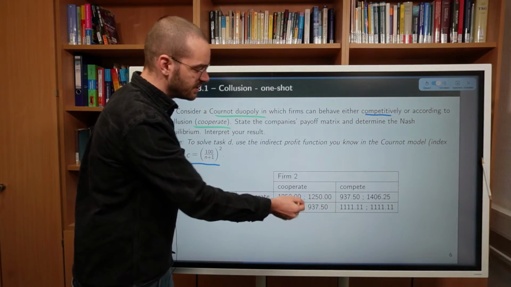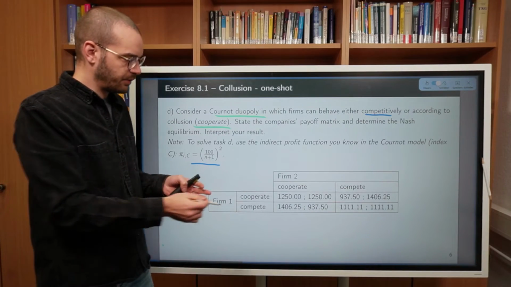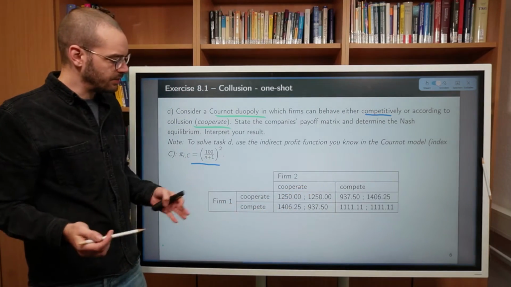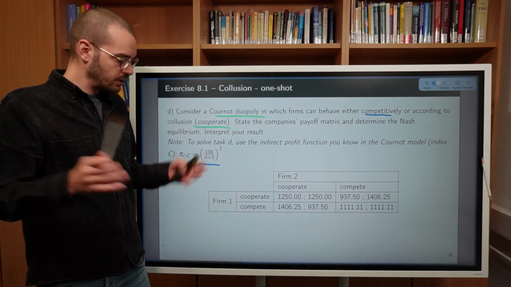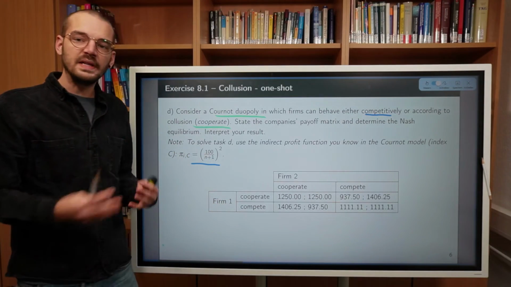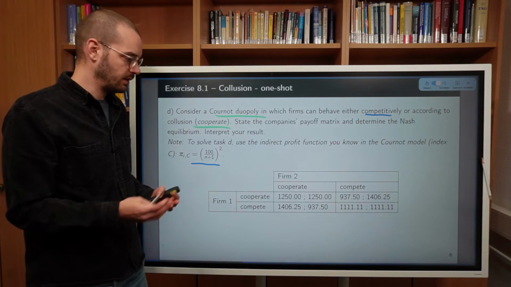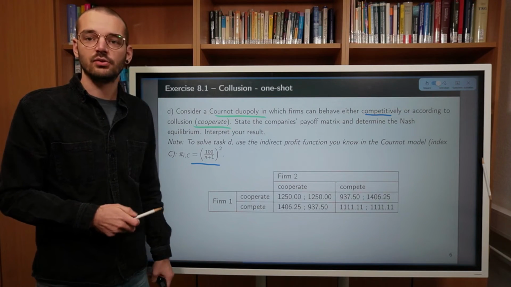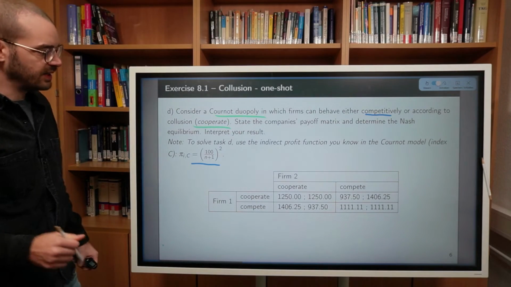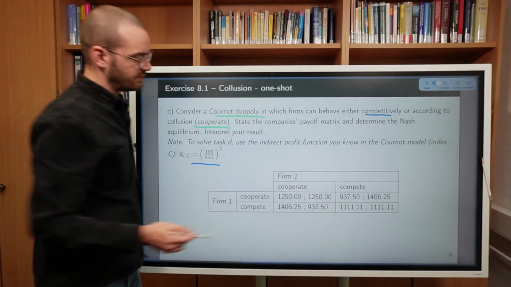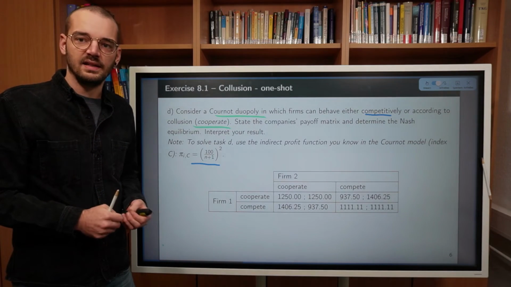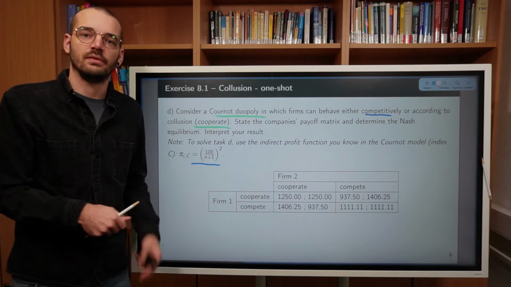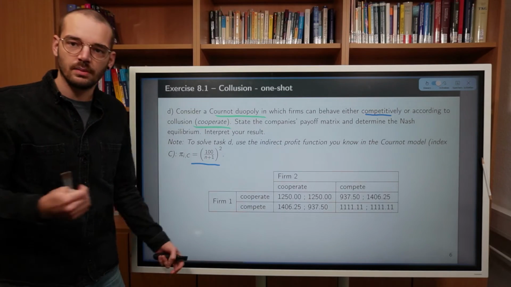And for any of these 4 fields, we now have the combinations of cooperative behavior or collusion, and the second one, competing, acting according to the individual best response function. All right, and then in each of these 4 fields, of course, we have the payoffs, or in this case, payoffs in the sense of the profits of the firm for each of these strategy combinations.